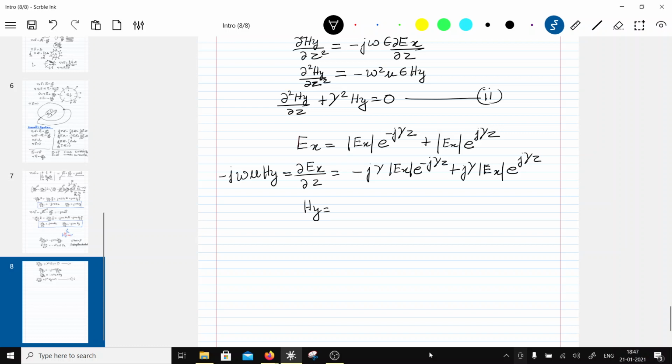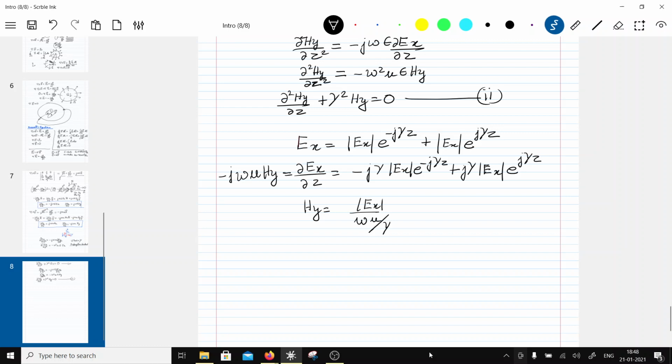Hy is equal to, minus j would cancel throughout, right? So I'll be left with omega mu divided by gamma, right?